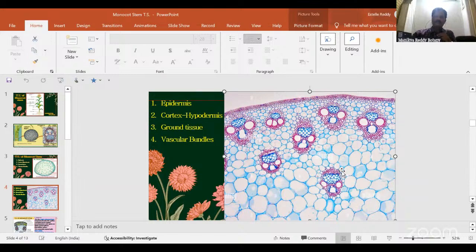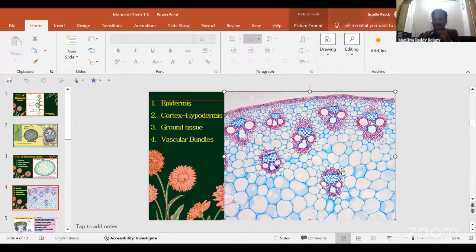They are scattered zigzag in the ground tissue, that is parenchymatous tissue. There is no particular fashion of arrangement of vascular bundles in monocot stem. Such an arrangement of vascular bundles is termed atactostele.